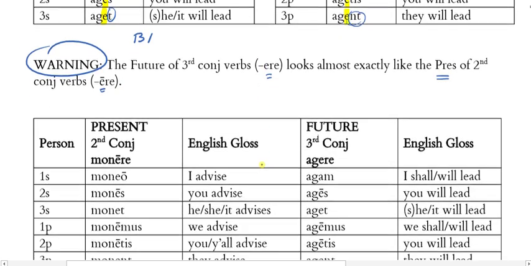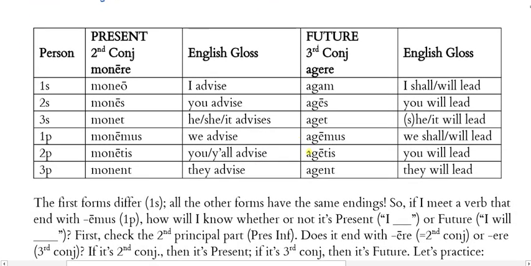So I'm going to line these up for you side by side. Remember, we learned the present of second conjugation verbs in chapter 1. Here we're learning the future of third conjugation verbs in chapter 8. All right? So monere is my second conjugation verb, and agere is my third conjugation verb.